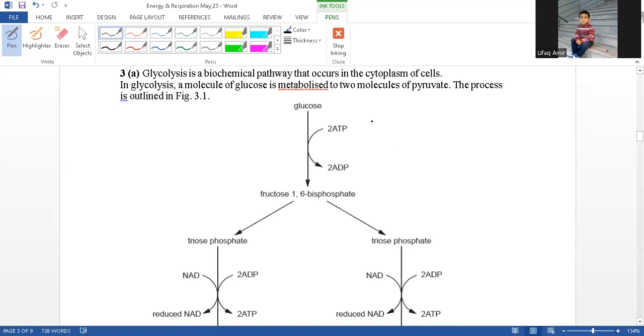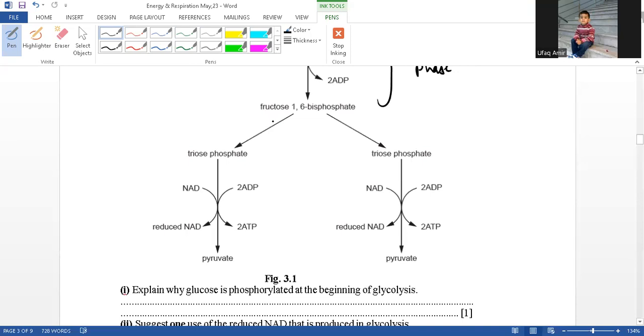You can see glucose and two ATPs are utilized. That's actually, as I've told you, the investment phase in which two ATPs are being utilized. And this fructose 1,6-bisphosphate which is being formed is then converted into two triose phosphates, that is dihydroxyacetone phosphate and glyceraldehyde phosphate.